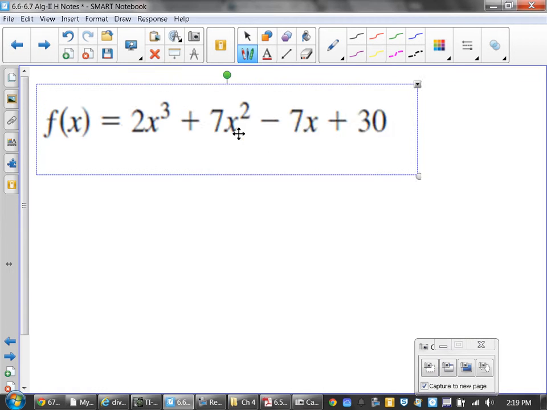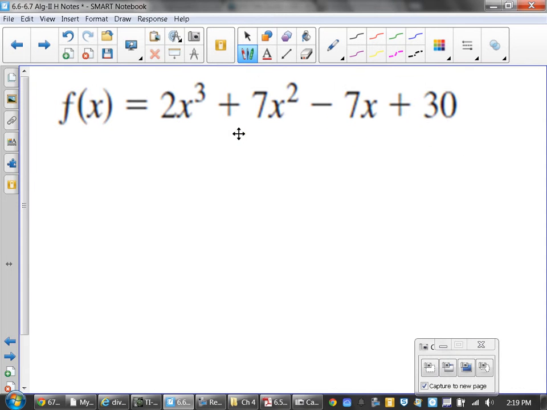You could have an irrational zero, something with quadratics, things like that. It could be an imaginary root. We haven't gotten to that yet. Now, I have f of x is 2x cubed plus 7x squared minus 7x plus 30. So I list out all of the factors of the constant and divide them by all the factors of 2. Very good.